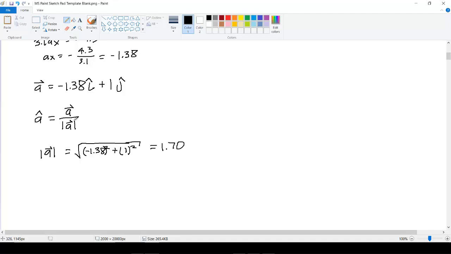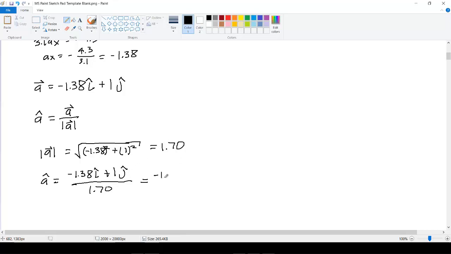Okay? So to find A hat, it's going to be equal to vector A, which is minus 1.38 i hat plus 1 j hat, divided by the magnitude, which we found to be 1.70. And like any other division, since there's an addition sign in here, we can break it up into separate pieces.